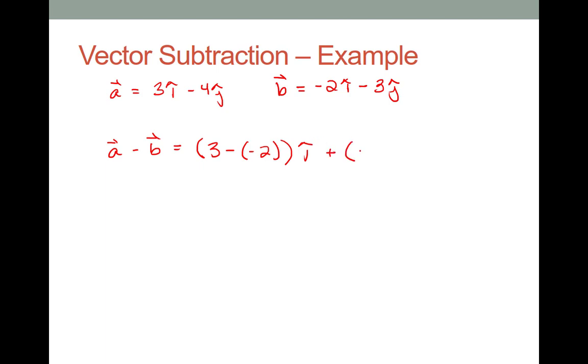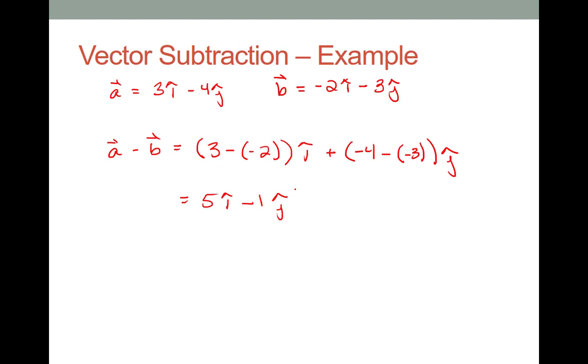And then add to it the y component. So that would be minus 4 minus 3 j hat. Okay, so 3 minus 2 is 5. And negative 4 plus 3 is negative 1 j hat.